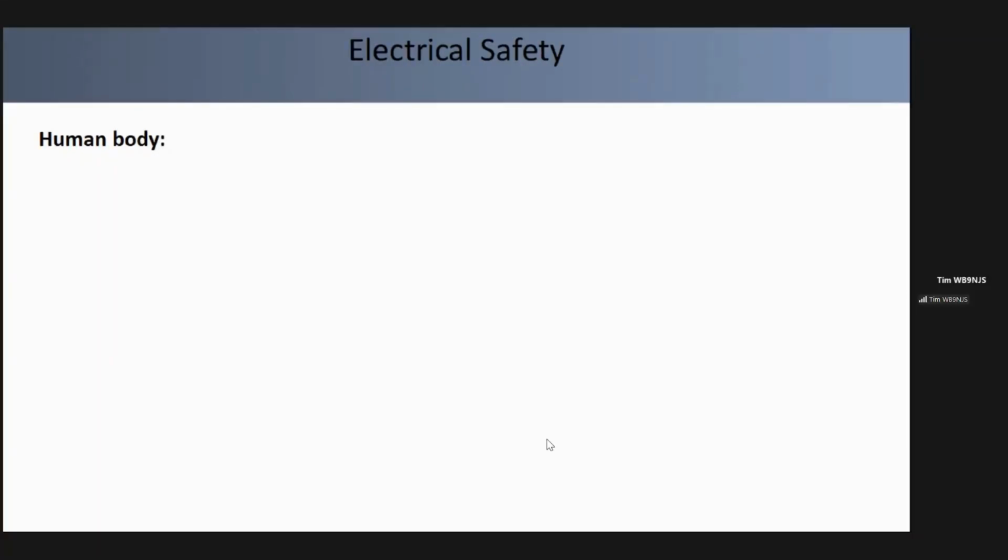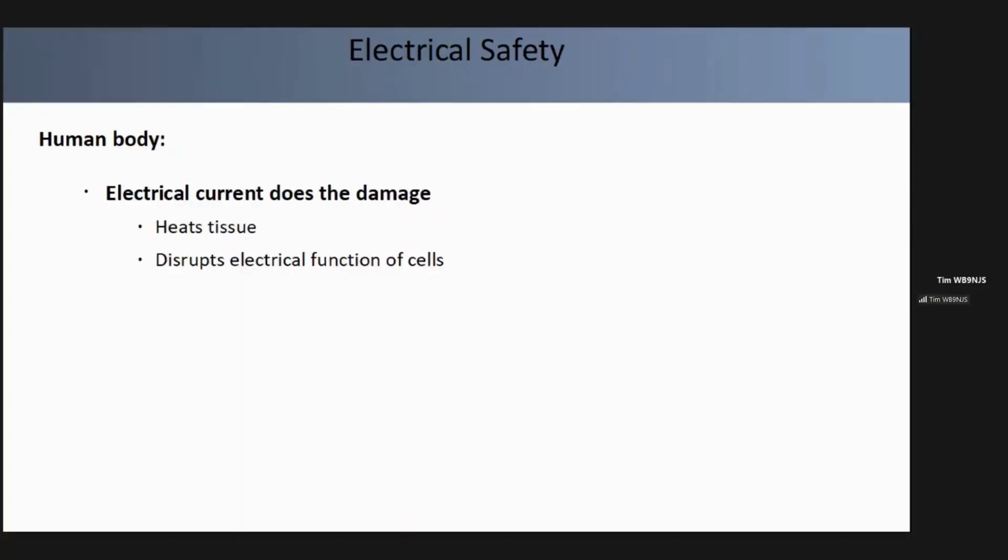And we're going to jump back to some reviews from the Technician exam material. It's the electrical current flowing through the human body that does the damage. That electrical current can cause heating of tissue. It also can disrupt electrical functions in cells. And most importantly, it can cause involuntary muscle contractions.